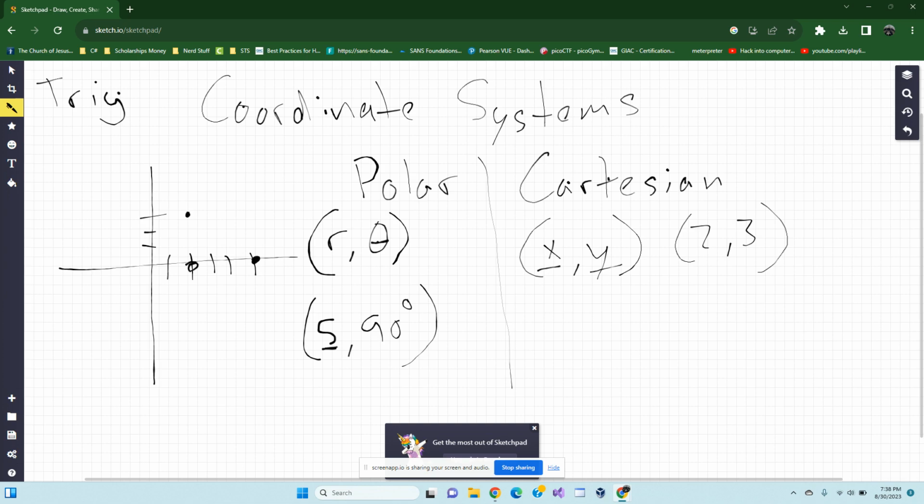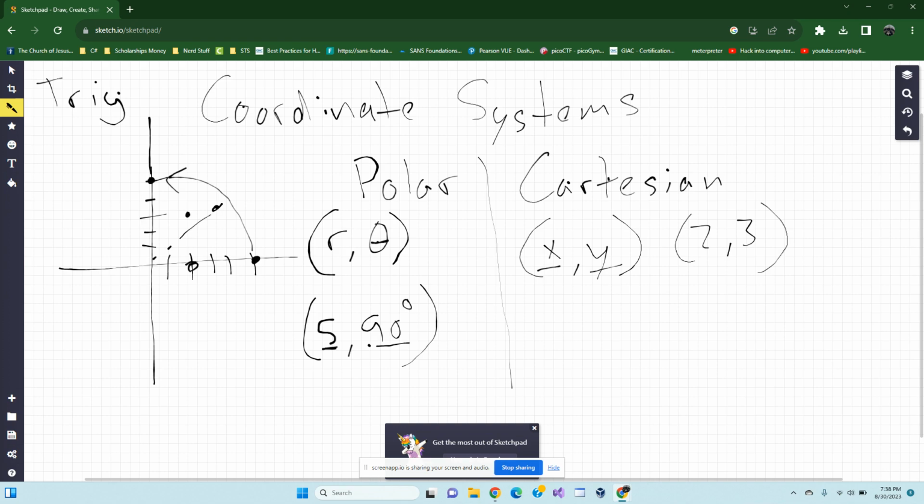And the 90, we would rotate this point 90 degrees around the plane. So 90 degrees is a full rotation to here. If I was at 45, I would only rotate halfway. My point would be here.